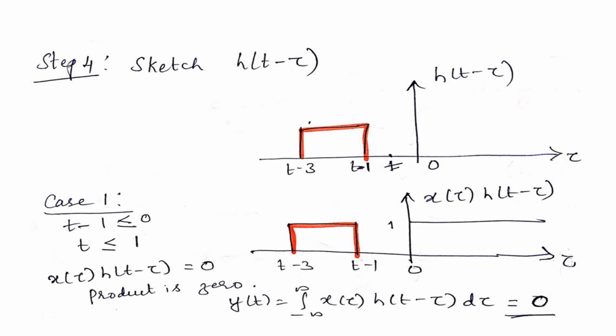So the integral on evaluation for this particular case, that is t minus 1 is less than or equal to 0, or t is less than or equal to 1, becomes 0 because there is no product which exists. So once again, I would like to summarize that we have taken a case where this edge t minus 1 is less than 0. In such a case, there is no product which exists. So for case 1, y of t is 0.